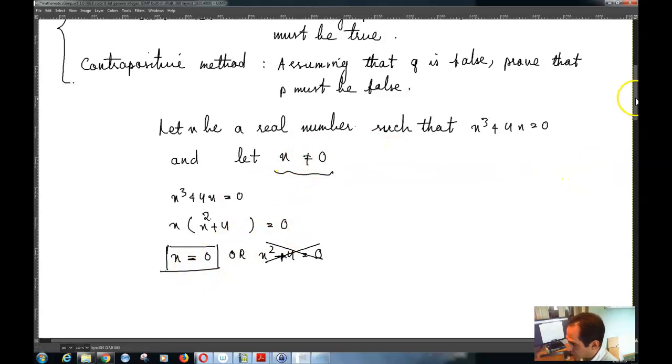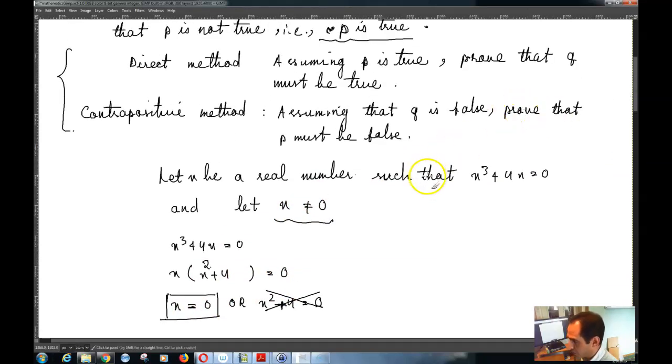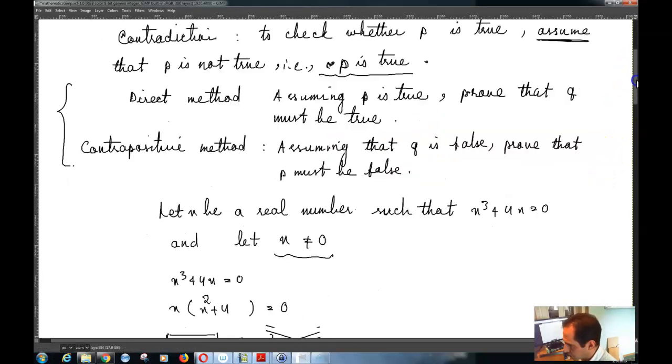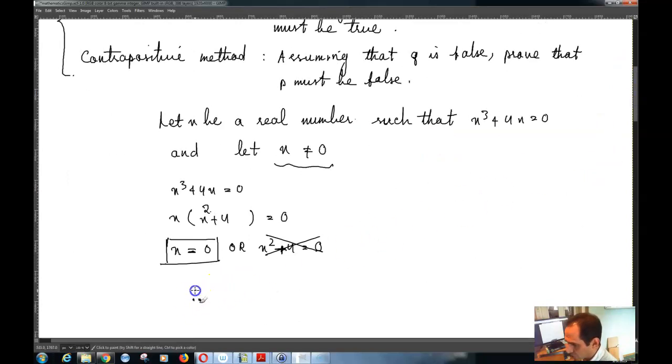So the assumption that I made, that not P is true, is false. What that means is that P is actually true, and that's how you use the method of contradiction. Therefore, P is true.